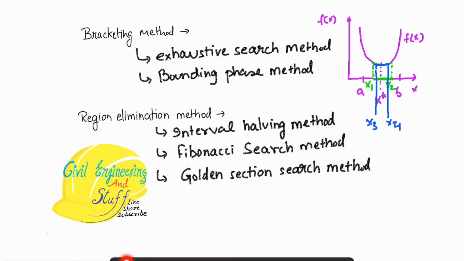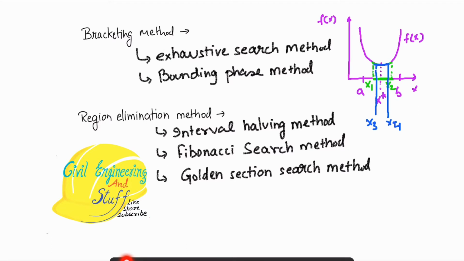Now, in the methods that we have discussed, we used only 2 points to search the region in which the minima of the function will lie. But the magnitude of the function was not used to define our search space.